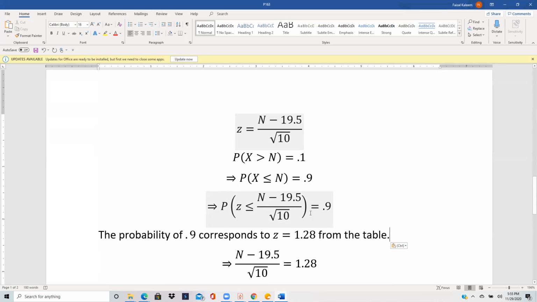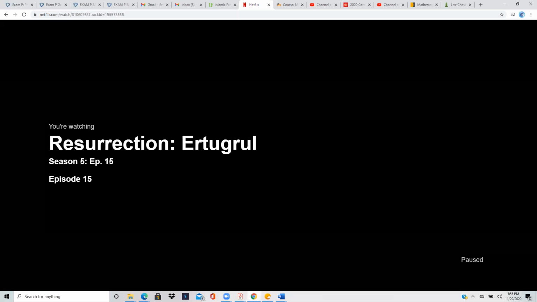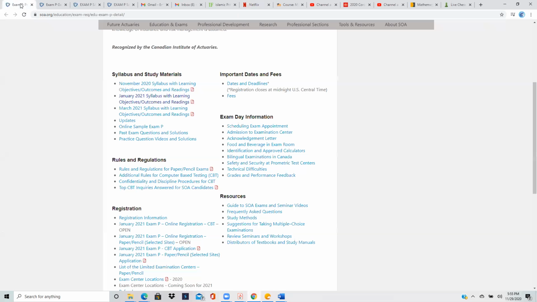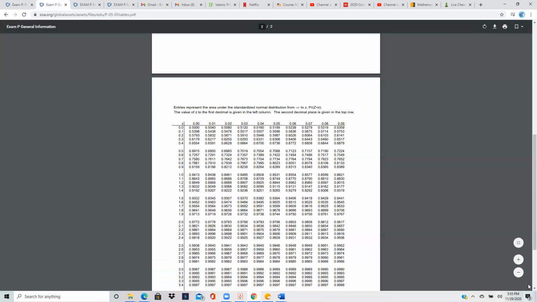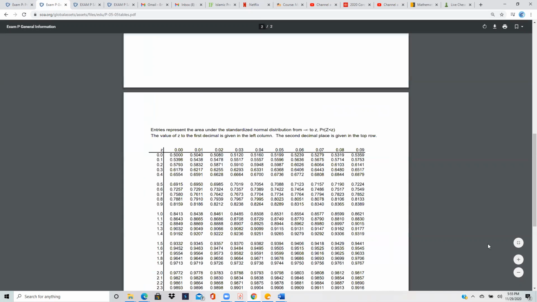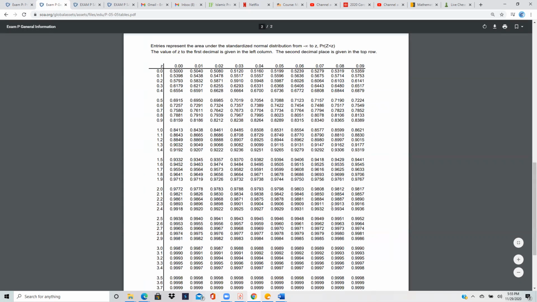So if you look in the table, the probability of 0.9, so let's open the table. The probability of 0.9 corresponds to, okay, 0.9. So you look for 0.9. Now you have 0.9015 and you have 0.8997.